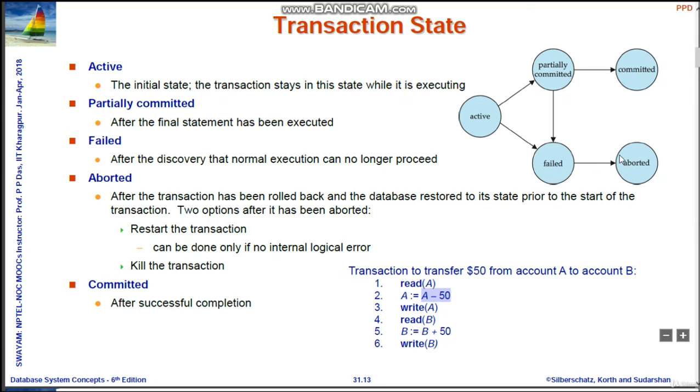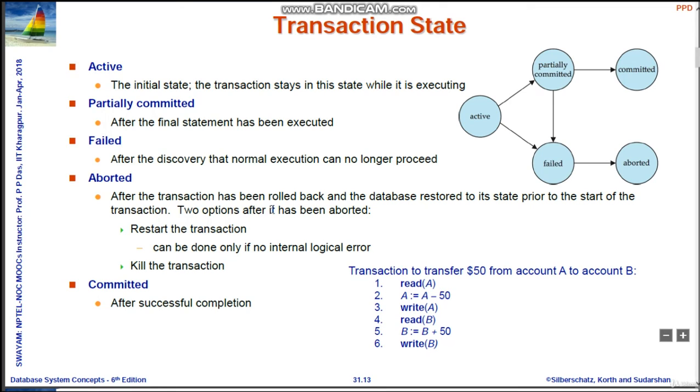Okay, so that's it. So after the final statement has been executed, partially committed. I've told you about what is failed now. After the discovery that normal execution can no longer proceed, our system got a failure at some instruction.